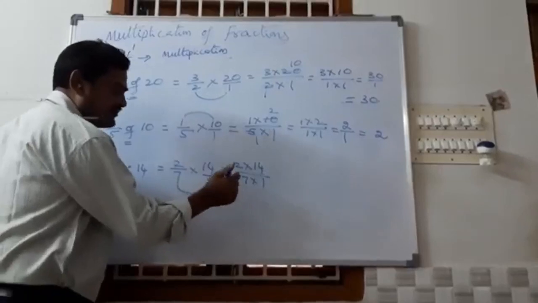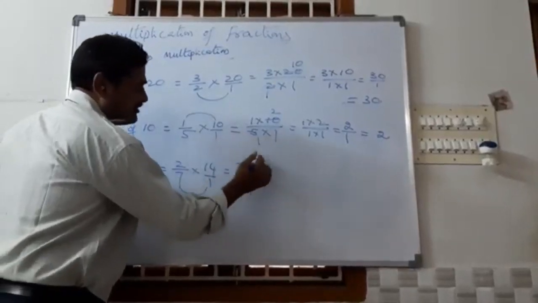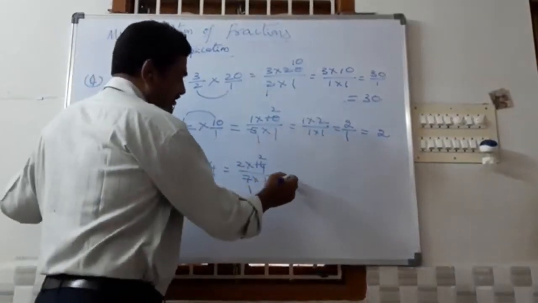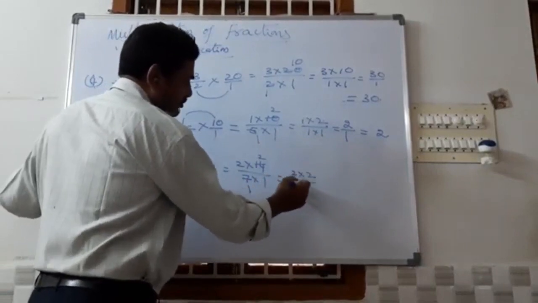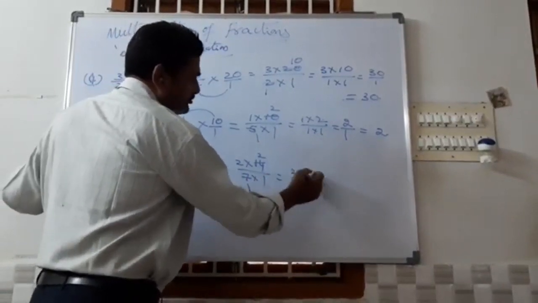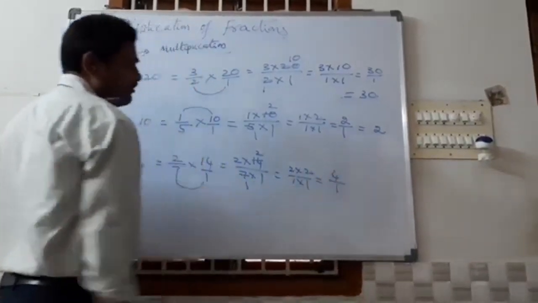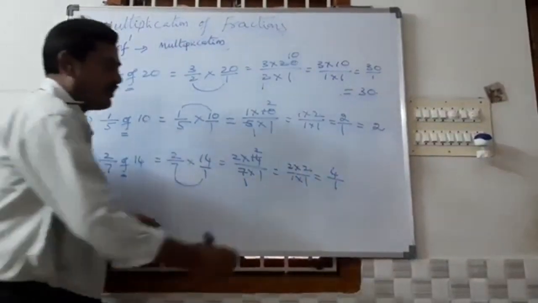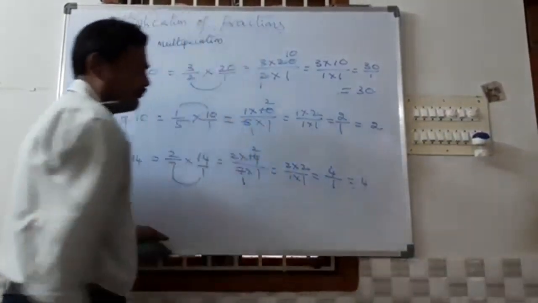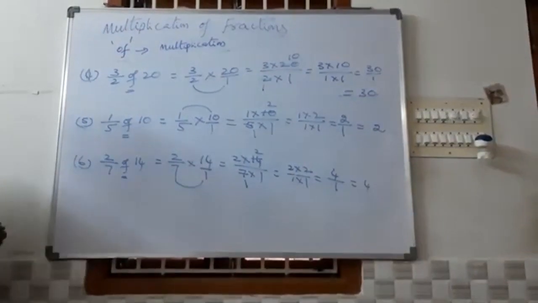Here any cancellation means 7 ones, 7 twos. Now what are the remaining numbers? 2 into 2 by 1 into 1. 2 twos are 4 by 1. That equals 4 by 1, which is nothing but 4.